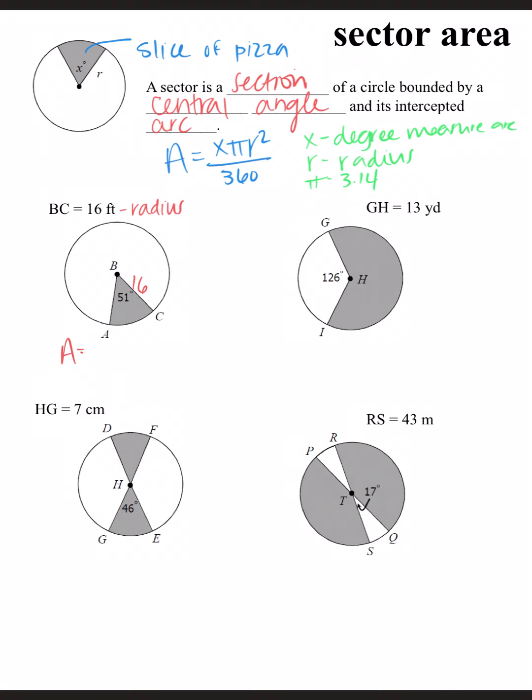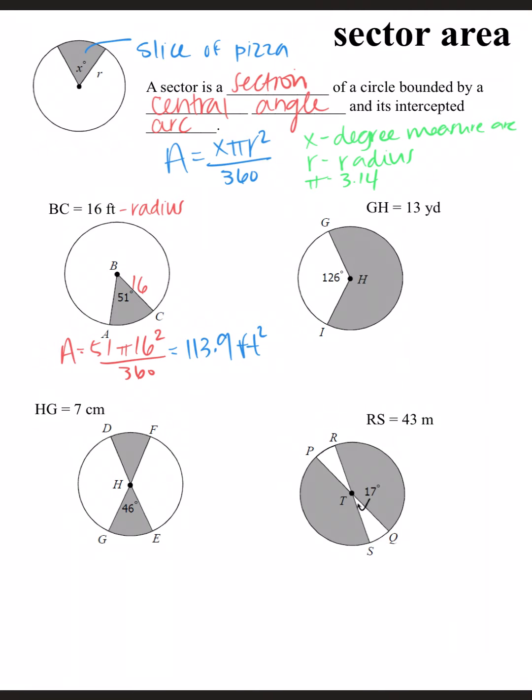Area is going to equal 51 degrees times pi times 16 squared divided by 360. And when I do the math on that, we get 113.9. Remember, we're talking about area, feet squared. And this is it. This is all we're doing.